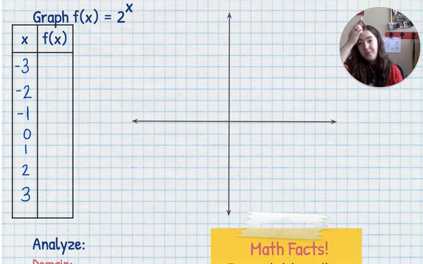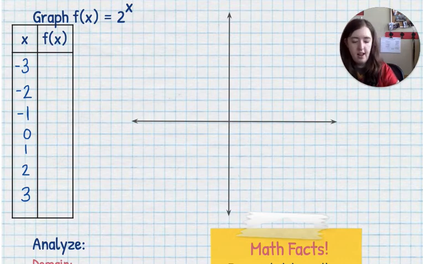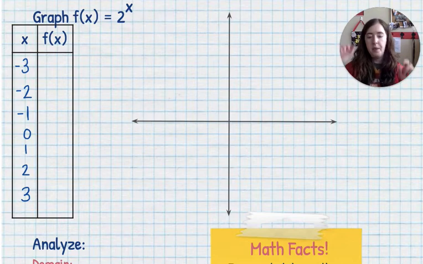When we plug in 2 to the -3rd, remember it's a negative exponent, so it moves to the bottom.